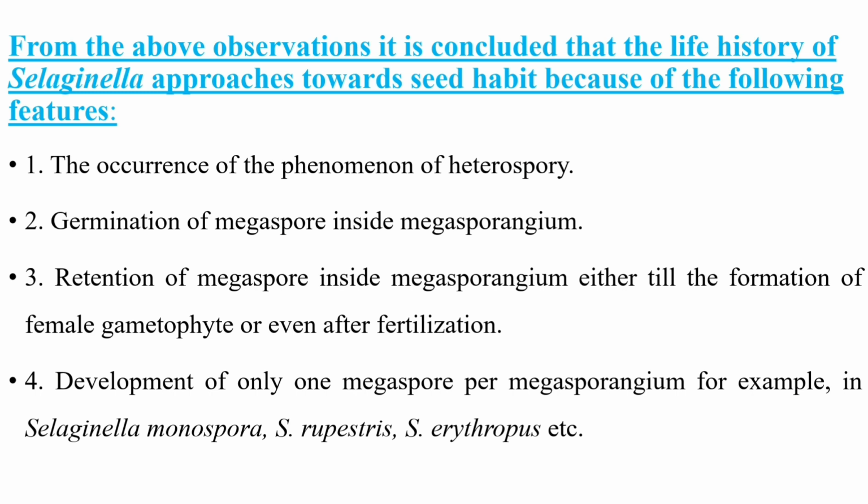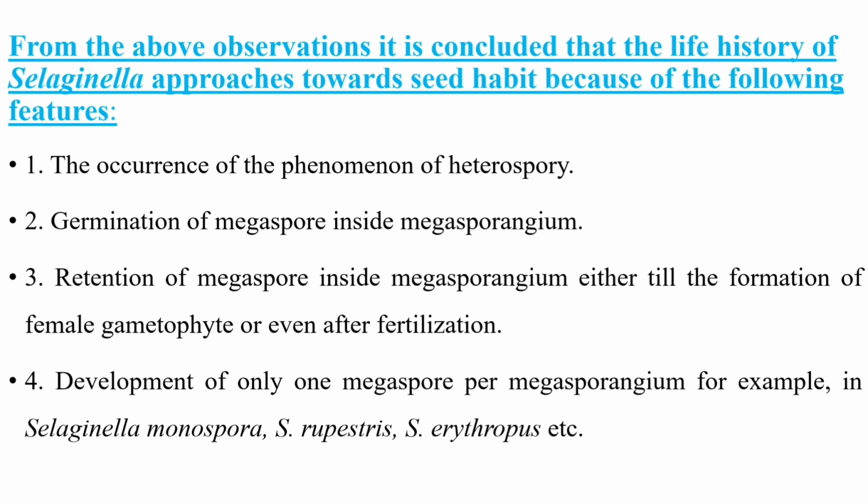Number 1, the occurrence of heterospory. Number 2, germination of megaspore inside megasporangium. Third, retention of megaspore inside megasporangium, either till the formation of female gametophyte or even after fertilization.